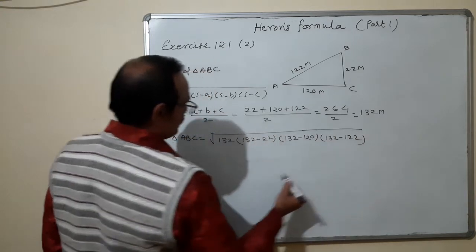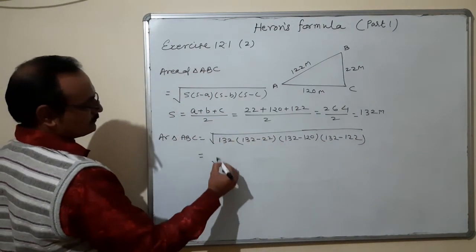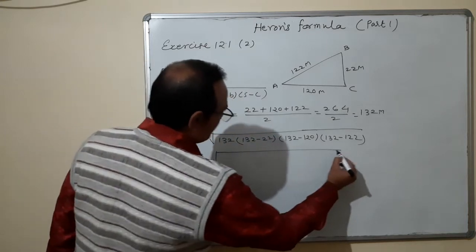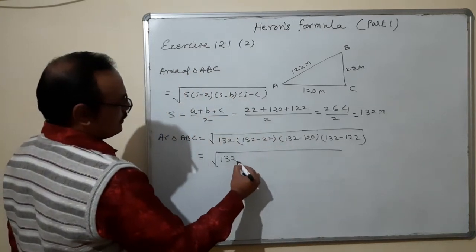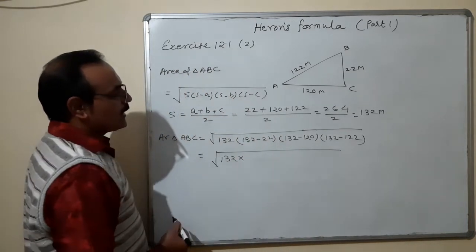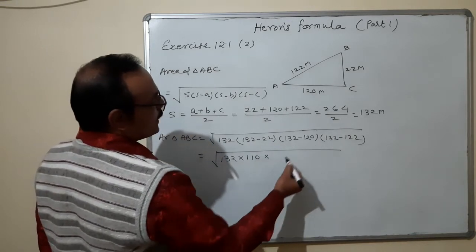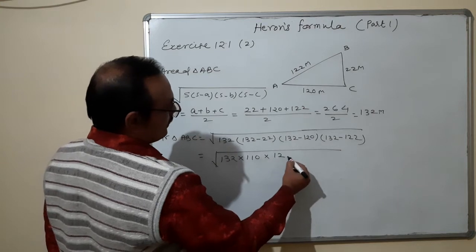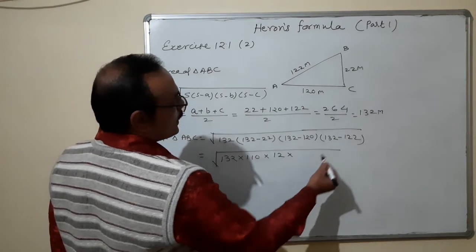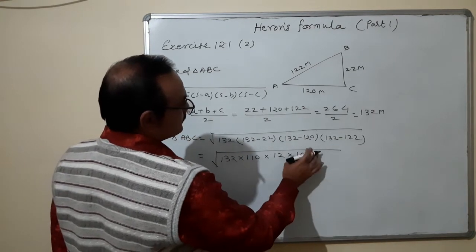Okay. What is coming? 132 multiplied by 132 minus 22, 110. 132 minus 120, it is 12. And 132 minus 122, it is 10.